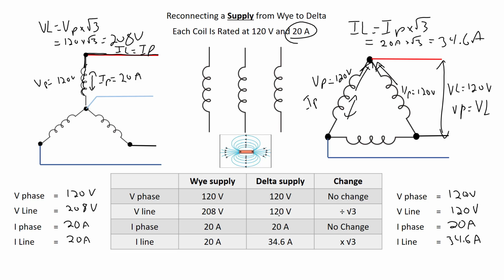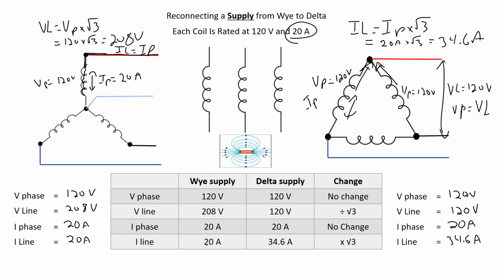So what's the difference? Well, it's root 3 less, or divided by root 3, when it goes to delta. We only have 120 volts. The phase current is 20 amps in Y, and that's the same as it would be in delta, 20 amps. No change at all.